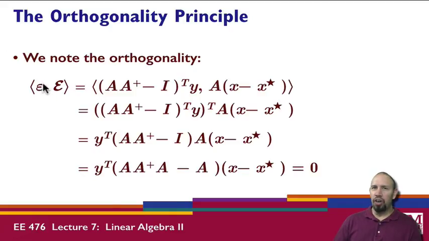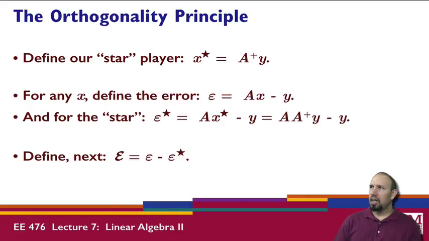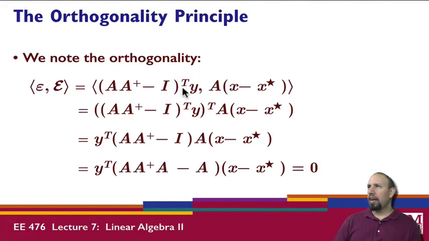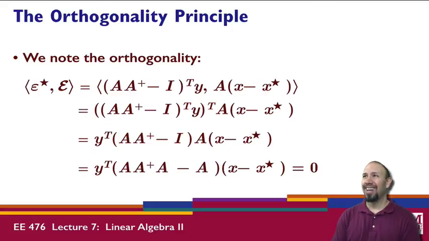That shouldn't be just the error. If I look at this equation, I can factor out y, and so I get the error star. So when I factor out y, I get this. So this should actually be the error star. Oh, there we go. Okay, so the error star is now equal to A pseudo-inverse minus I, times y.